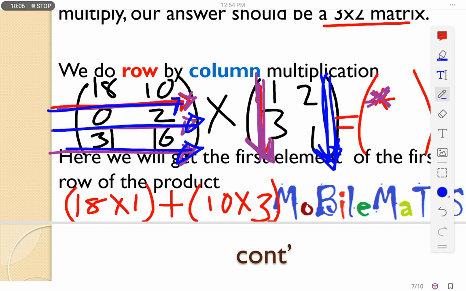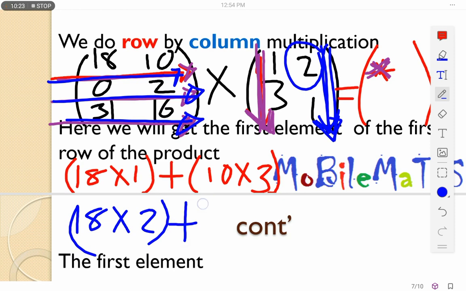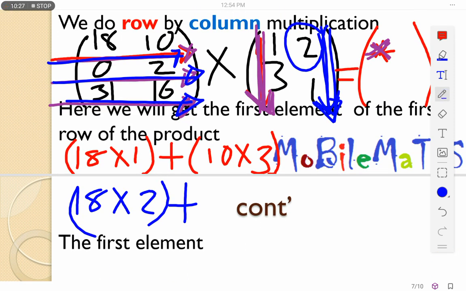Okay, so at the end of the day, looking at the first row by column, I'll have 18 times 2 plus 10 times 1, like that. So let me finish off.